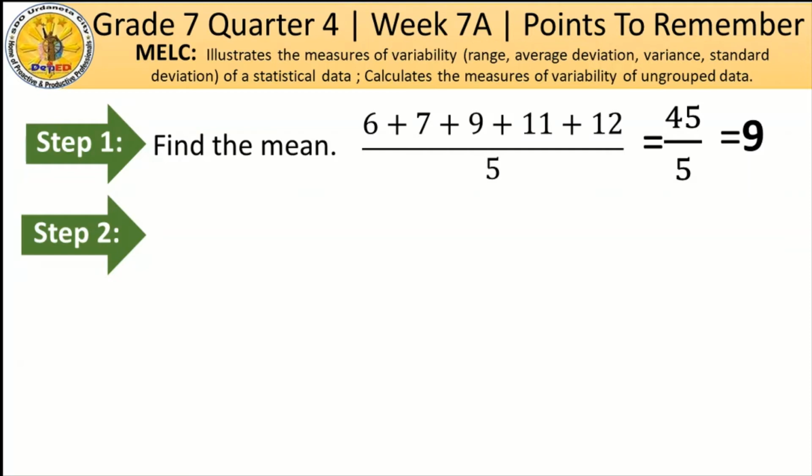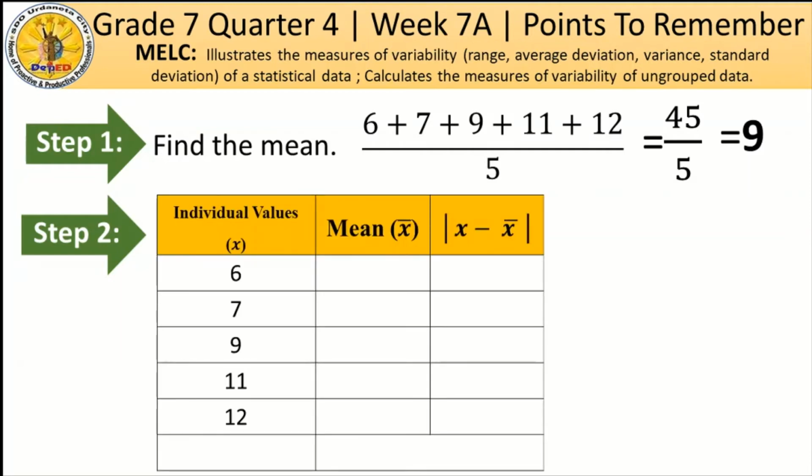Step 2. Let us construct a table listing all the individual values on the first column. From here, we could say that n is equal to 5 since there are 5 individual values. Then, we plug in the value of the mean on the second column, which is a result of our step 1. From here, let us find the absolute difference of the individual values and the mean.